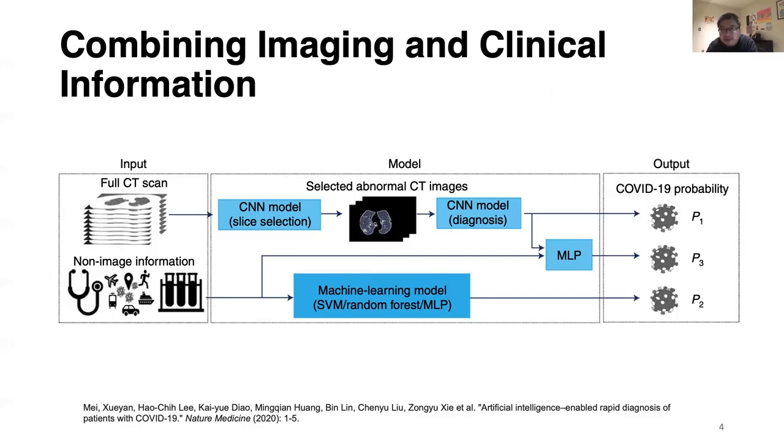The top 10 abnormal CT images per patient were put into the second CNN, which is to predict the likelihood of COVID-19 positivity. That's model P1.